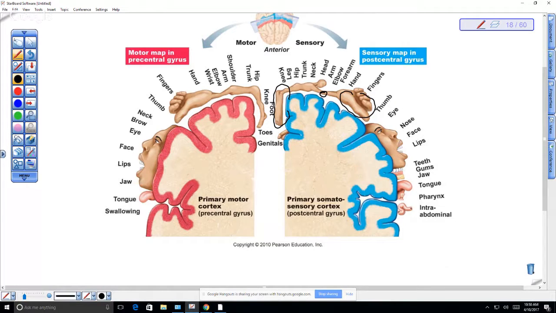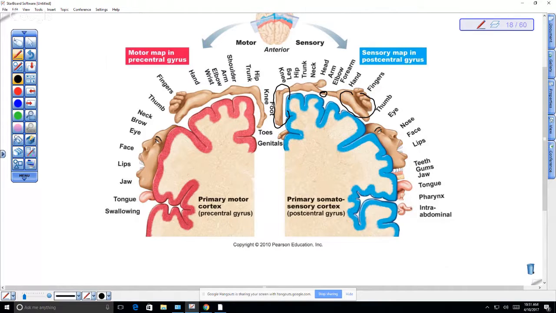So let's say you lose both hands and you start using your feet for stuff, then the feet are going to start to take over more parts of that cerebral cortex. The more you use your toes or walk around barefoot or use your toes for any function and pay attention to them, the more of that cortex is going to be associated with your toes.